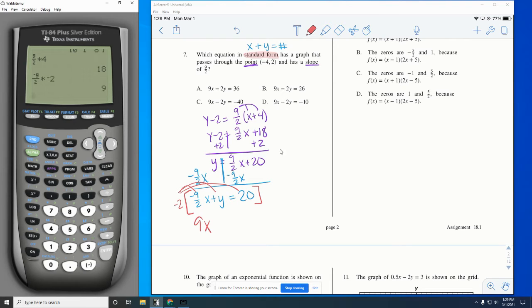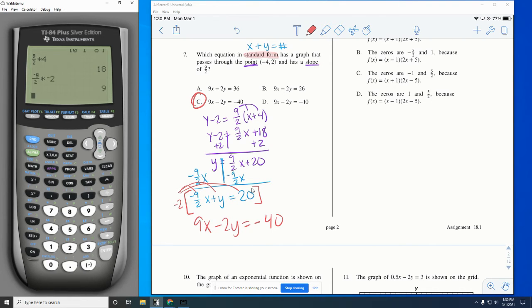Now I need to do that to the rest of them, because if you only do it to one, you've messed up the problem. But if you do it to the rest of them, you've made it equivalent. So -2 times y is a -2y. All of my answer choices have that. And then -2 times 20 is a -40. So C would be my answer for number 7.